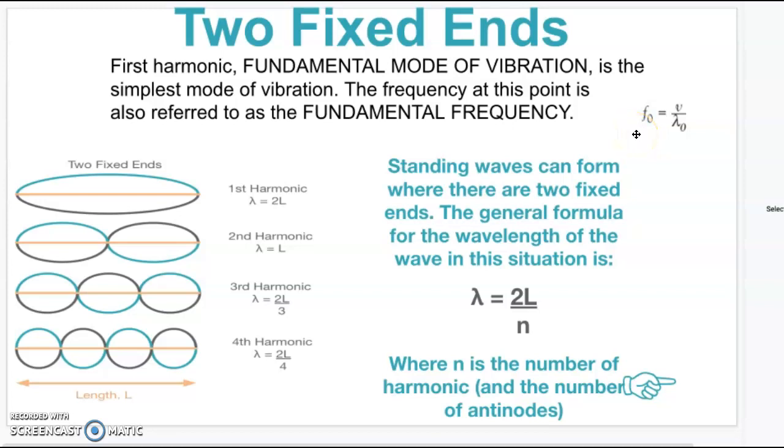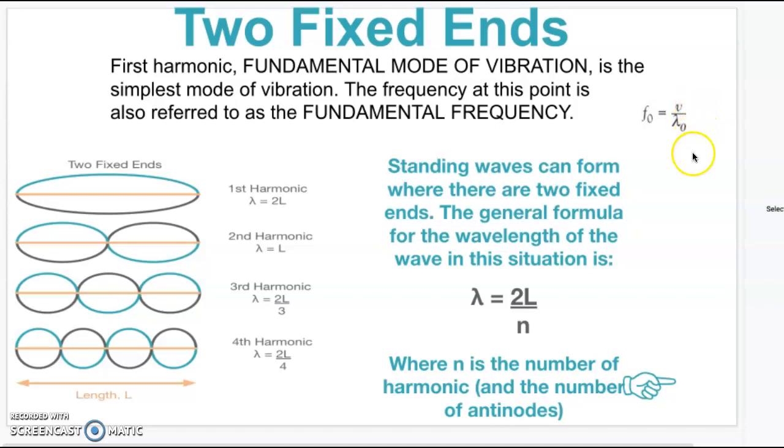Remember, speed equals frequency times wavelength. So f0 equals, this is our fundamental, which is for your first harmonic, and then your frequency will depend on the wavelength of whichever standing wave you're being asked about. So always divide the speed by the wavelength.